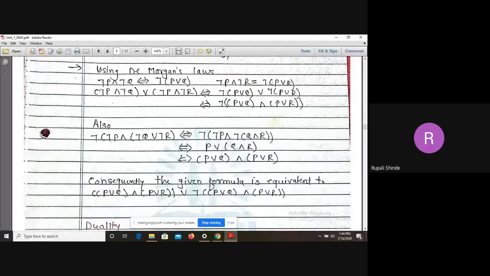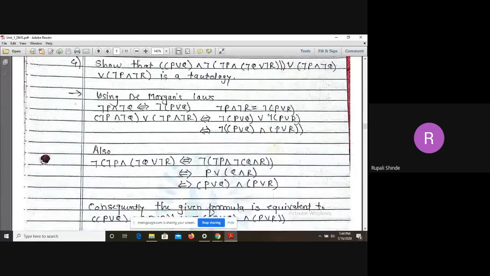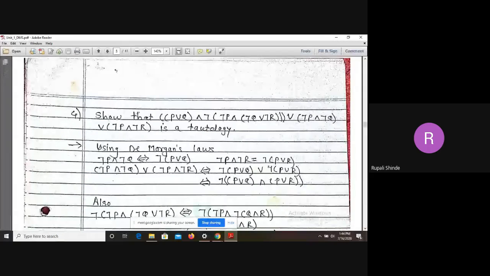So we can replace this bracket by the variable P. So P or negation P will give you the answer as P. That's why the final answer for this formula is P. So we can show that this formula is a tautology.